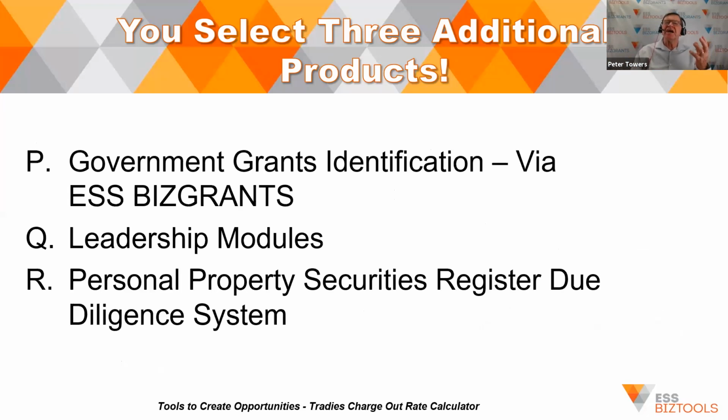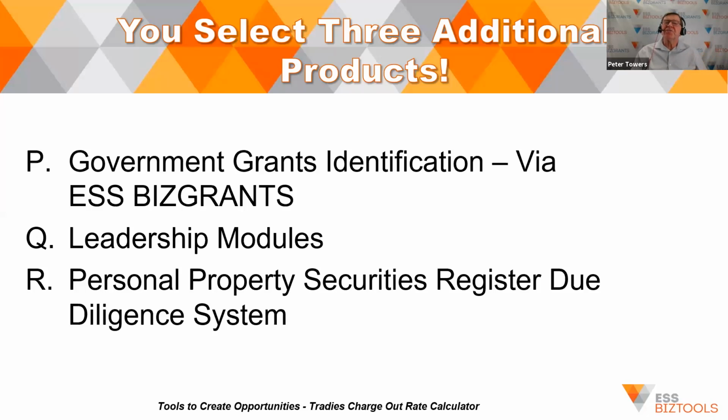Government grants identification via ESS Biz Grants. We need you to understand the grants that are available, so you can look at being able to identify them for your clients. Leadership modules that have been developed by an associate of mine who has developed a series of leadership material training, and that's available within the system.